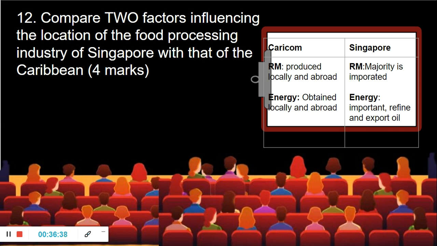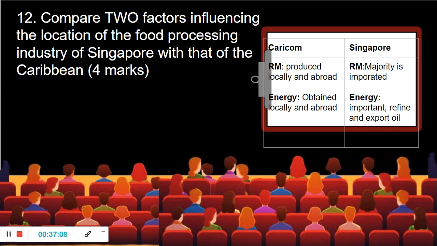All right, so it's very important that you know the factors. We've been looking at the factors from the previous questions. So raw material, we could talk about energy, we could talk about market, we could talk about the role of the government, we could talk about transportation, and so on.